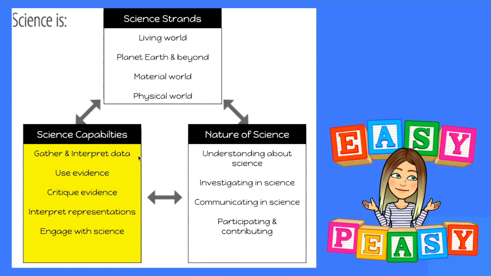The science capabilities are: number 1 is gather and interpret data, 2 is use evidence, critique evidence, interpret representations, and engage with science. We're not going to say that we're not teaching this stuff anymore, but what we are doing is we're just shifting our focus. All 3 of these components work together to create a whole understanding of science as a learning area.